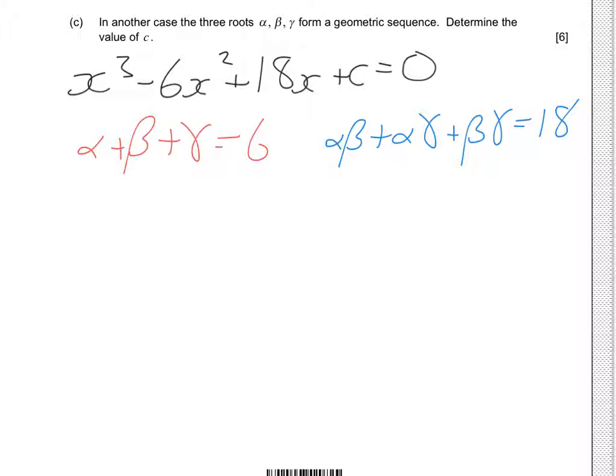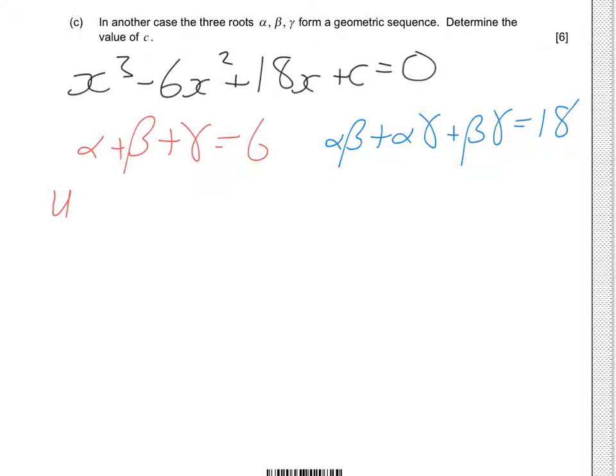And we can rewrite alpha, beta and gamma in terms of u1 and r. Then we'll have two equations, two unknowns, u1 and r. We should be able to solve for u1 and r and figure out the value of c, which is minus alpha beta gamma.